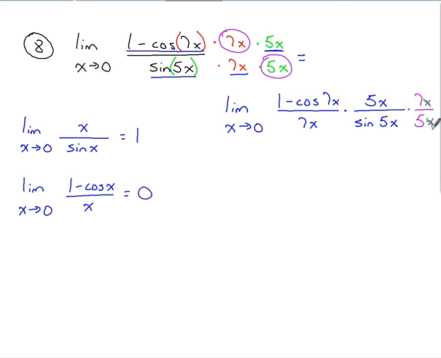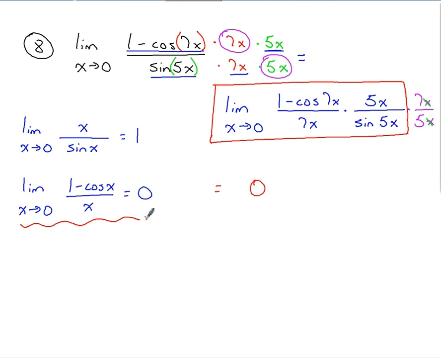So now, as I apply my limit, I'm taking my limit as x approaches 0. I'm applying it to these helpful formations, we could say, with the trig functions. I know when I take the limit as x approaches 0 and apply it to this particular part, it's going to equal 0. I know that from right here.